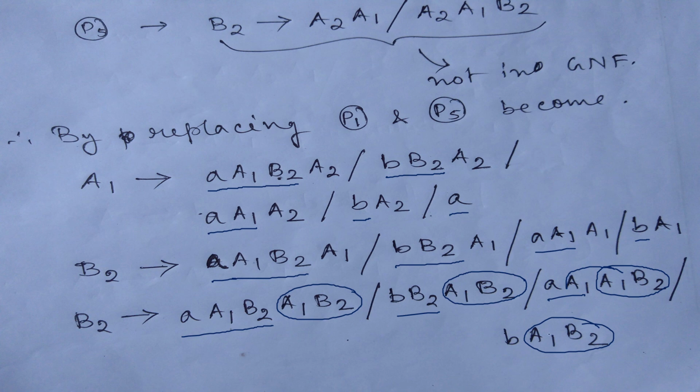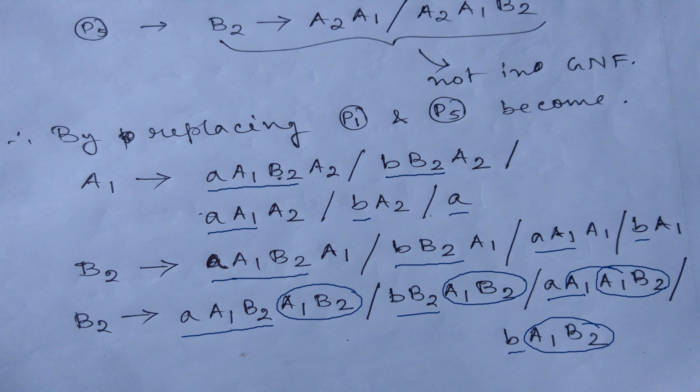So if you closely watch what's happening, it's not very difficult to do. Actually, it is a little bit laborious. If you are asked to convert some production rules of a context free grammar into GNF form, you have to be very attentive to check whether each and every production rule satisfies the rule of GNF, right?